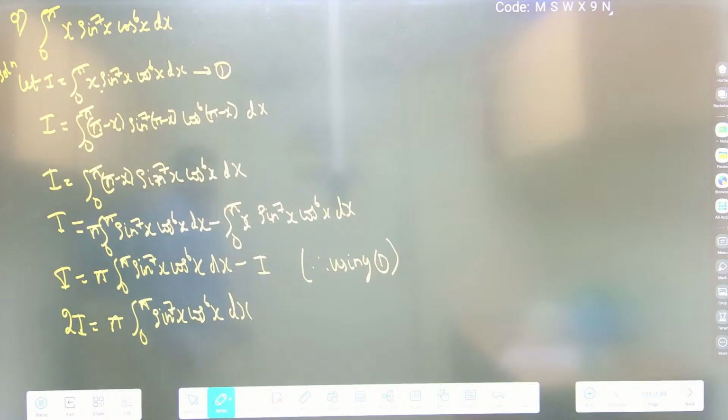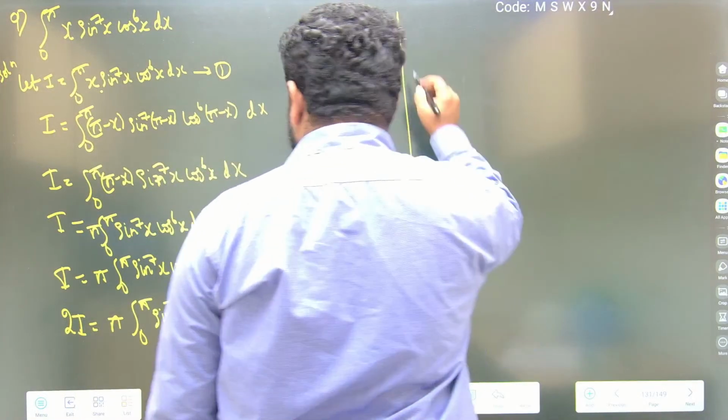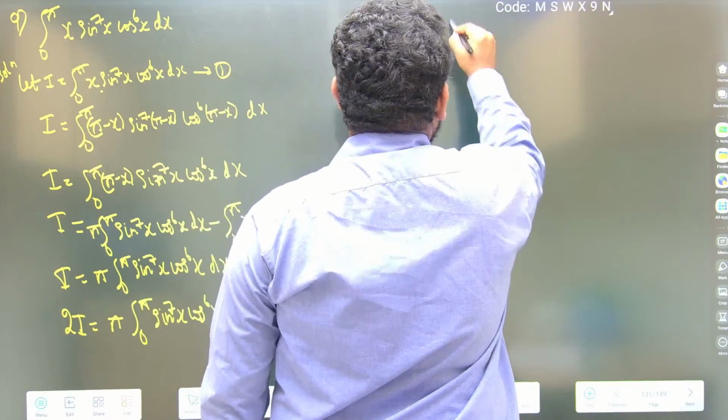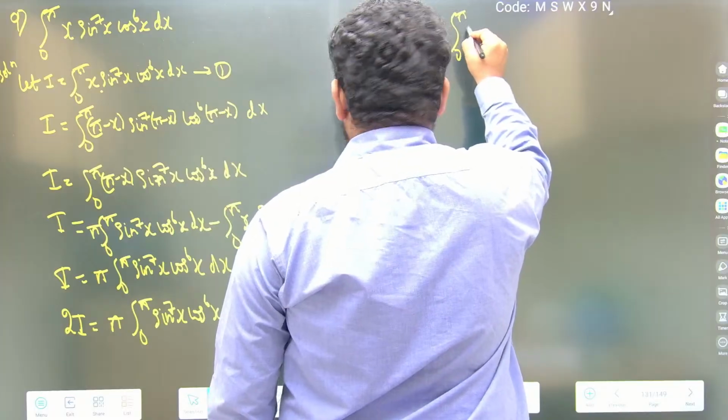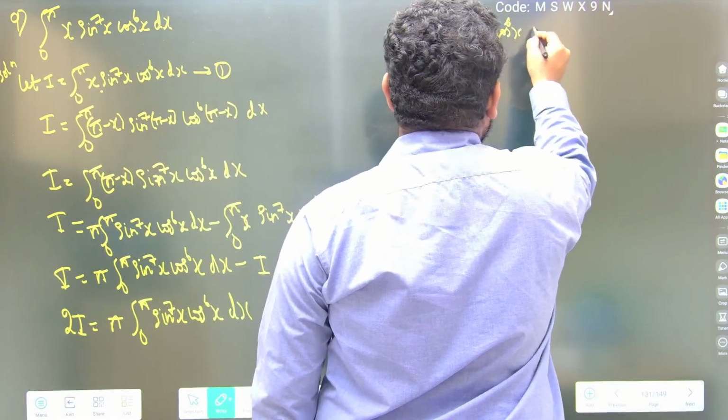So I will be equal to pi by 2 times integral from 0 to pi of sin power 7x into cos power 6x dx.